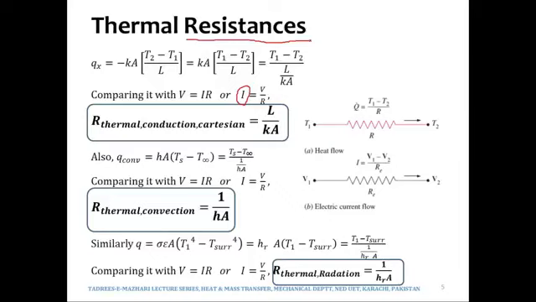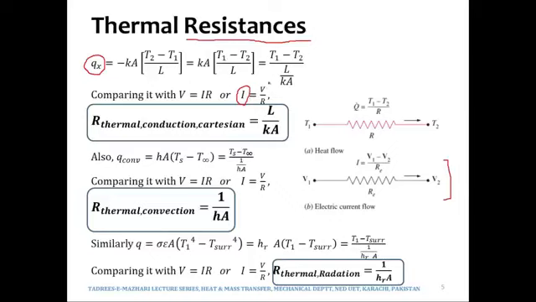Now we would be having thermal networks and thermal resistances. This is an example of an electrical network, right? The quantity that flows is the current in electrical circuits. Now the quantity that will flow in thermal circuits would be heat, Q.